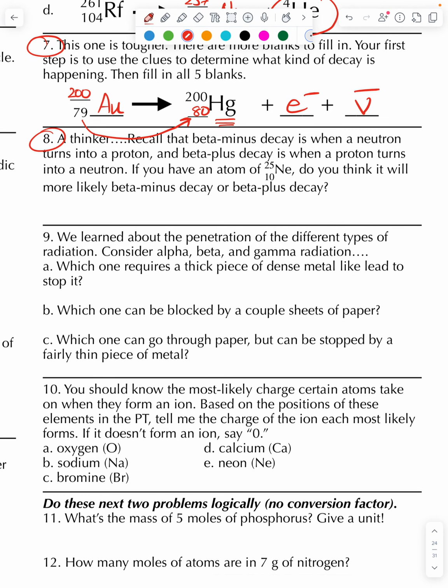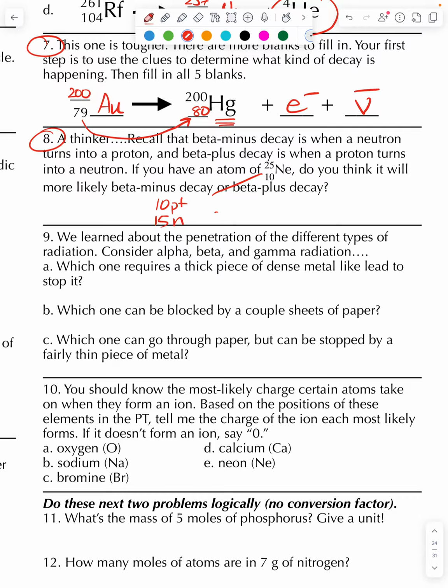Recall that beta minus decay is when a neutron turns into a proton, and beta plus is when a proton turns into a neutron. If you have an element of neon 25, which one do you think will occur? Well, that has 10 protons and 15 neutrons. Probably unstable, because that has way too many neutrons, right? For such a light element, it should have about the same number.